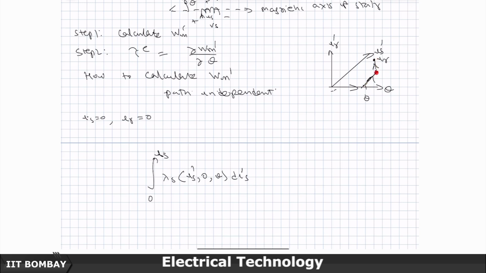So, the next integration will only have IR as its variable, and I will have this as 0 to IR and lambda r, with IS already set there, and IR dash being increased from 0 to IR, theta, d IR dash.